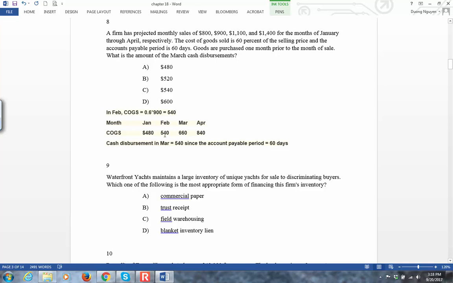So in February the cost of goods sold is 540. It will not be paid in February, but it will be paid by the end of March. So by the end of March, the amount of cash disbursement, or the amount of cash spending, is 540.